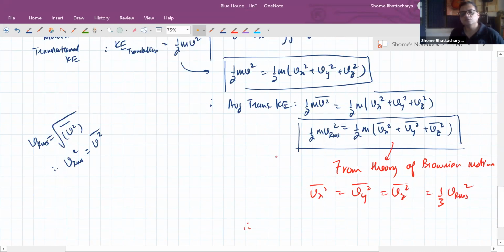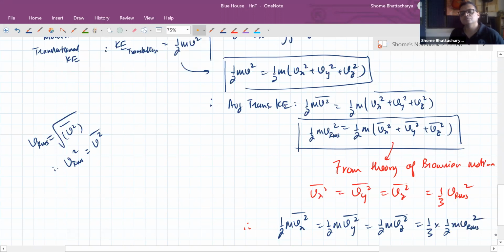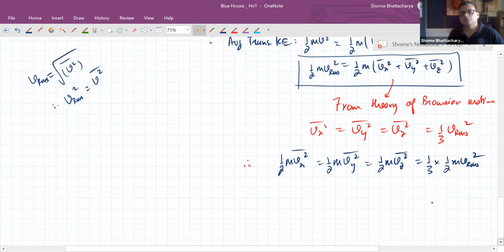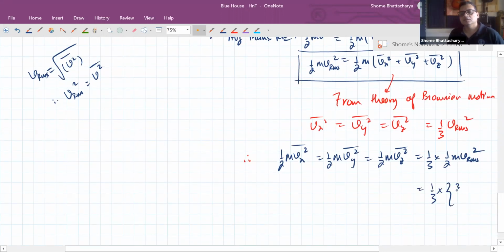So therefore, if we separately calculate half m Vx squares average, it would be equal to half m Vy squares average, equal to half m Vz squares average, and that would be equal to 1/3 of half m Vrms square. And that would further be, from kinetic theory of gases, 1/3 of 3 by 2 kT.